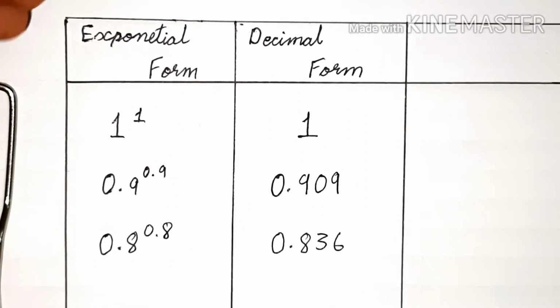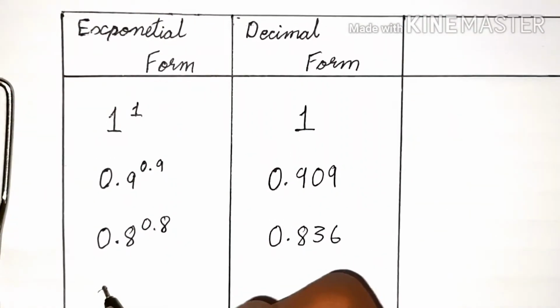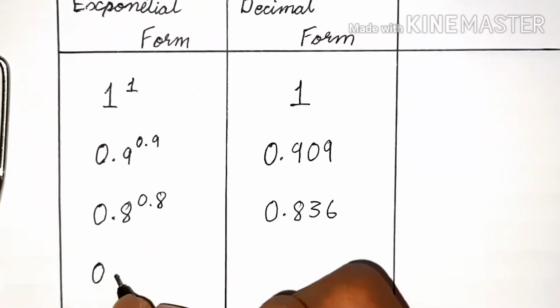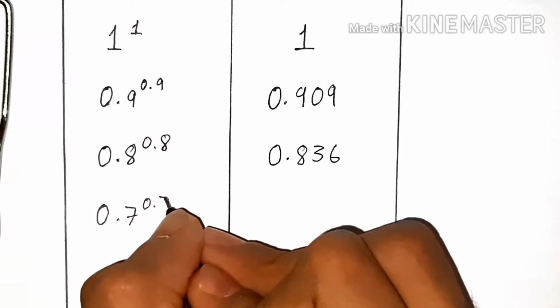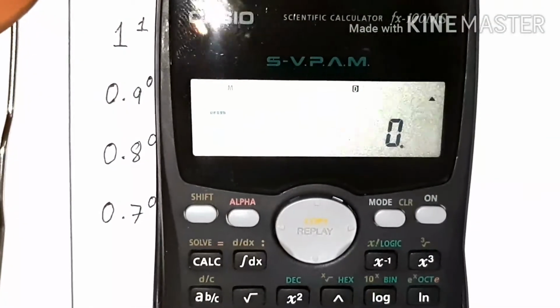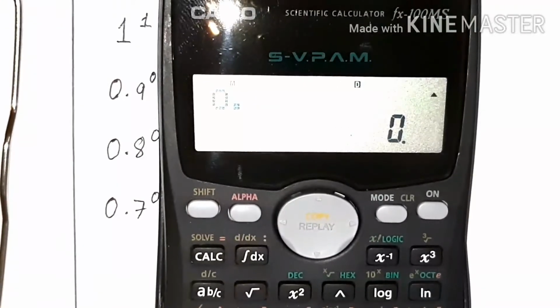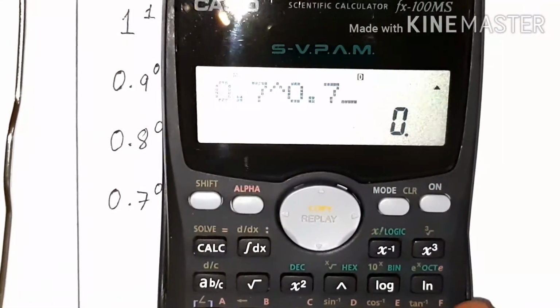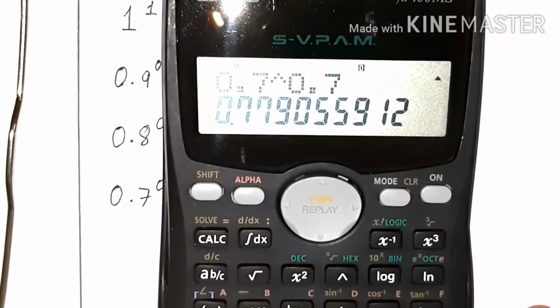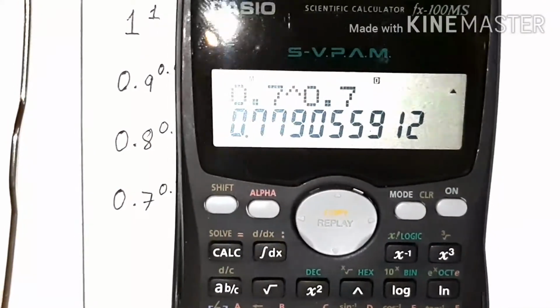Now let's do for 0.7. Okay, so we have 0.7 raised to 0.7. It is 0.779. We'll note it down.